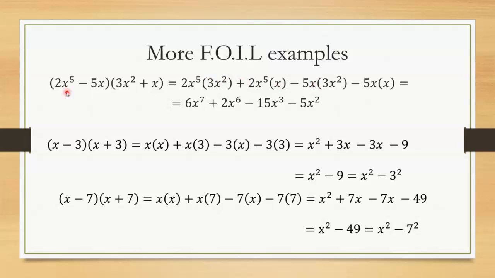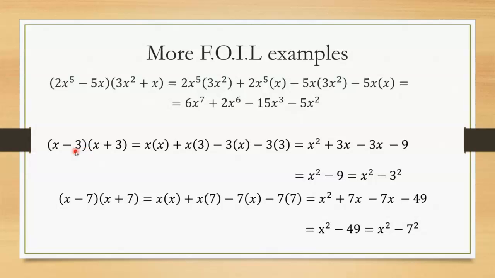Again, I'm using FOIL here. The first terms, that's this product, which gives us 6x to the 7. The outer terms are 2x to the 5th times x. The inner terms are negative 5x times 3x squared, which is this. And then the last terms, minus 5x times x, that's here. That's what it boils down to.